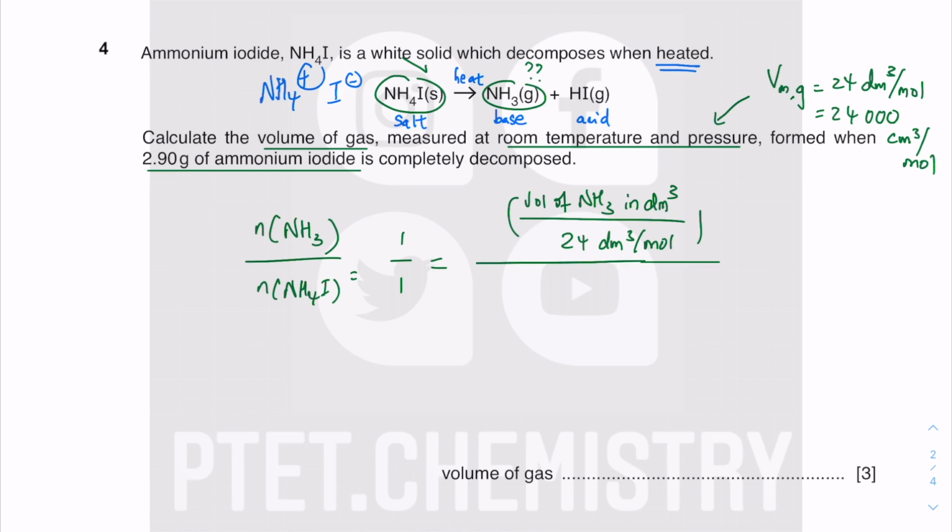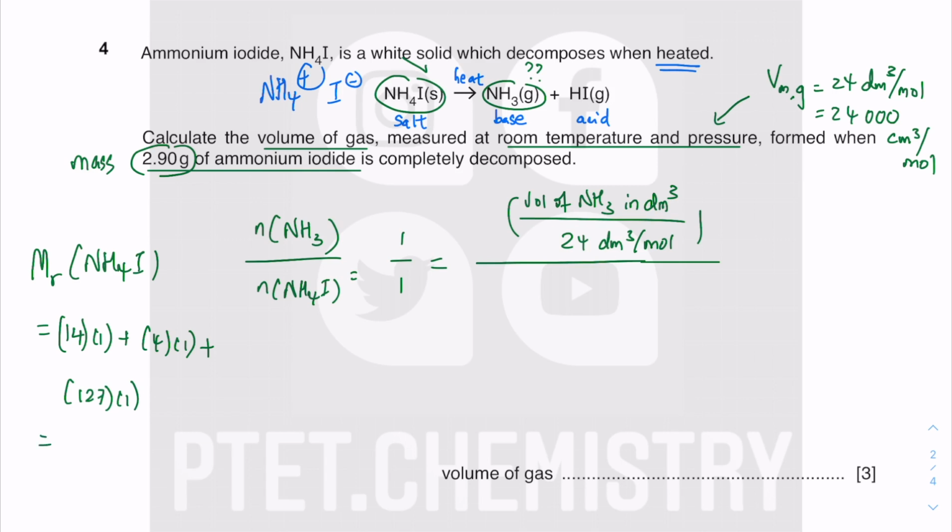At the bottom, I have ammonium iodide. I am given the mass. If I'm given the mass, I need to think about MR. The MR of NH4I is going to be 14 times 1 plus 4 times 1 plus, you should show all your working anyway, because they're part of the reason why it's 3 marks, because you could get 1 mark just by showing the working to calculate the MR correctly.